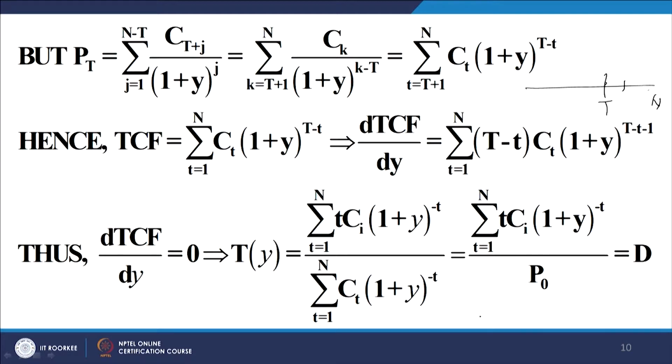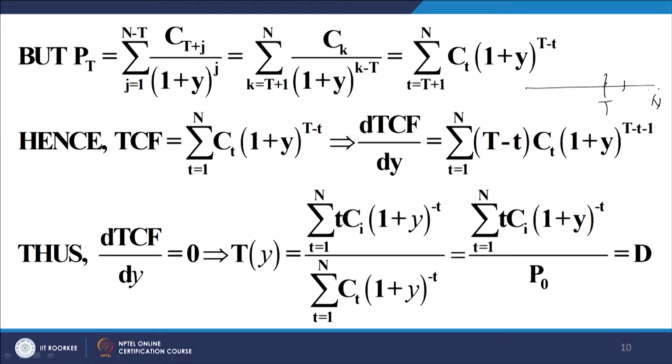So, the cash flow that I receive at T plus 1 will be discounted for 1 year. The cash flow that I receive at T plus 2 will be discounted for 2 years, and so on. The cash flow that I receive at N will be discounted for N minus T years. So, the price will be equal to the summation of these discounted values.